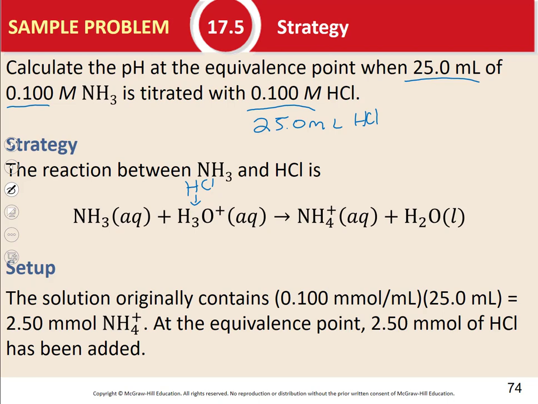So our total volume is 50 milliliters, and at the equivalence point we have 2.5 millimoles of the ammonium ion, and 0 ammonia and hydronium. I'm mixing up my words here.